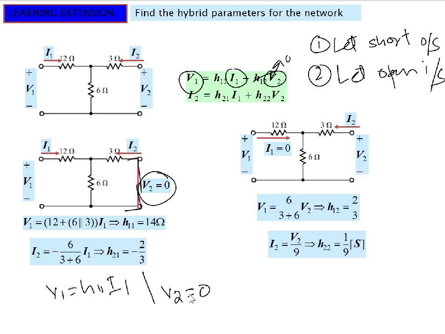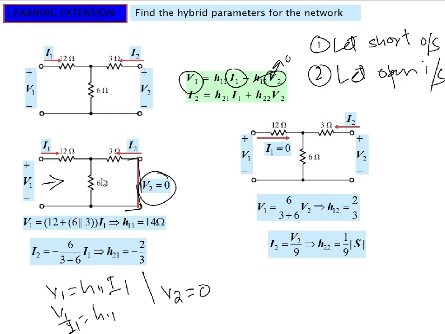So for that, since H11 is V1 by I1, it means that if we calculate the impedance from this side, that would be our H11. Same method as the Z parameter.